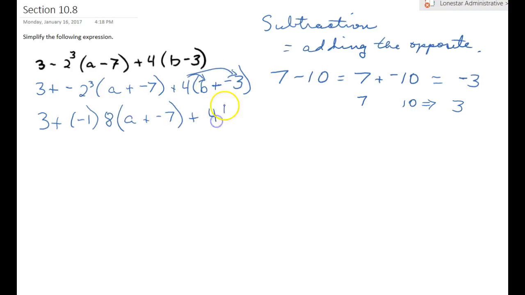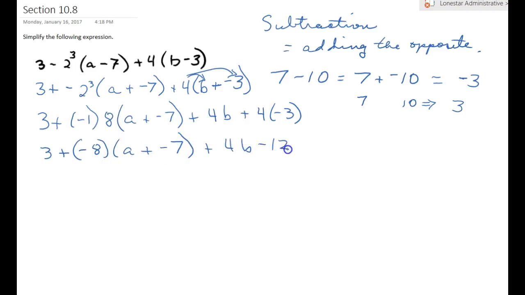First we have 4 times b, and then we have 4 times negative 3. Okay, so now we have 3 plus negative 1 times 8 is negative 8, a plus negative 7 plus 4b minus 12.